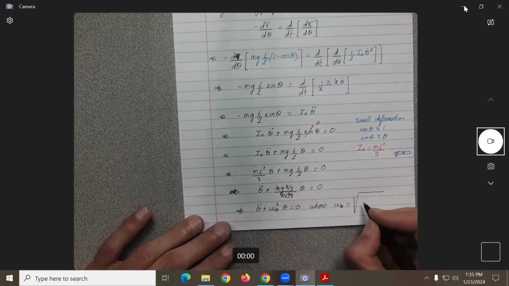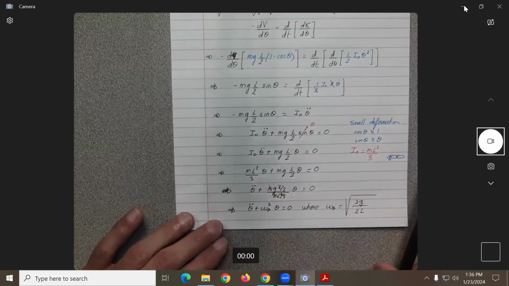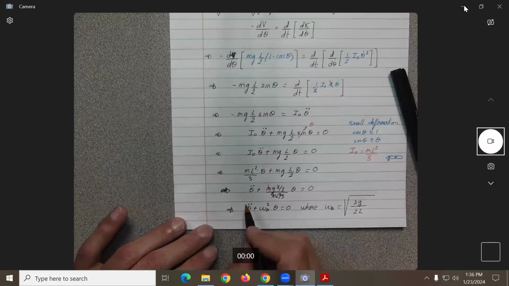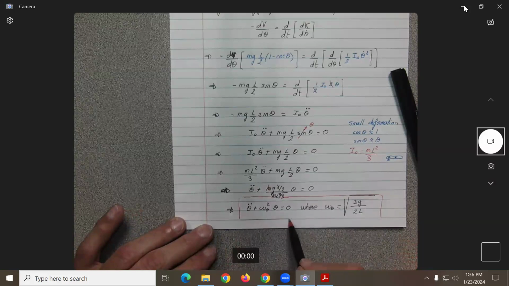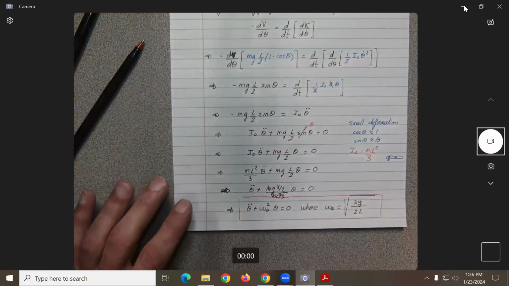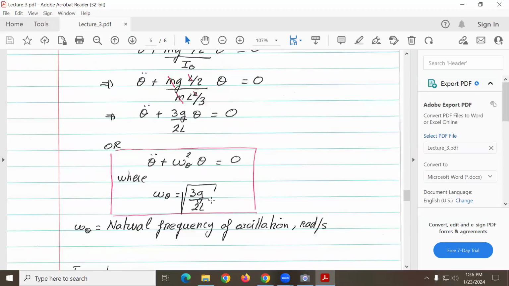So we get what? G, so 3G over 12. Okay, and this should be the same thing as we had before, unless I did something. 3G over 12, no?